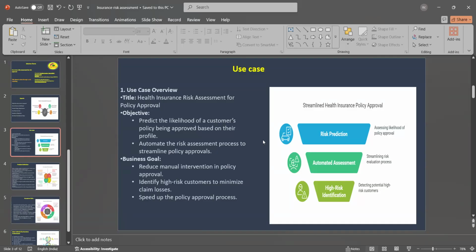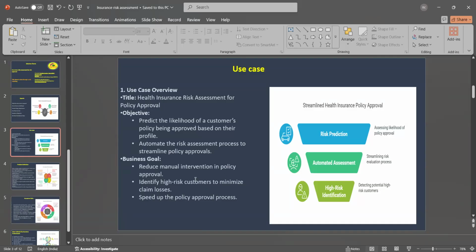My business goals are to reduce manual intervention in policy approval, identify high-risk customers to minimize claim losses, those who are making fake claims and showing the wrong details to the insurer, and speed up the policy approval process.